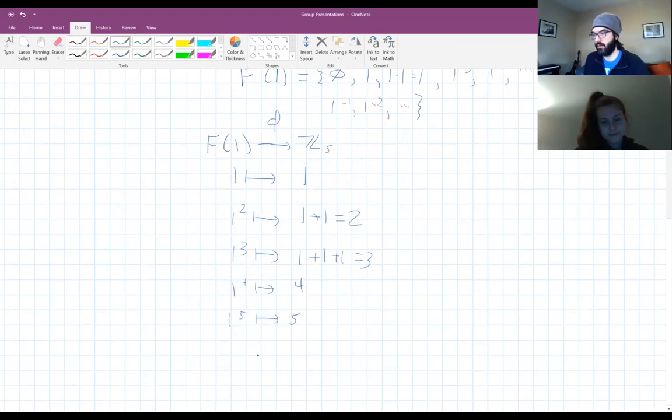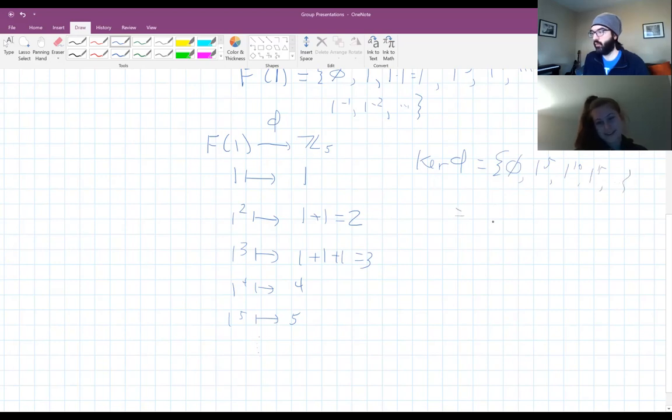Okay. So the kernel of the homomorphism is basically, like you said, the empty word, but it's also 1 to the 5th, 1 to the 10th, 1 to the 15th, and so all multiples of 5.